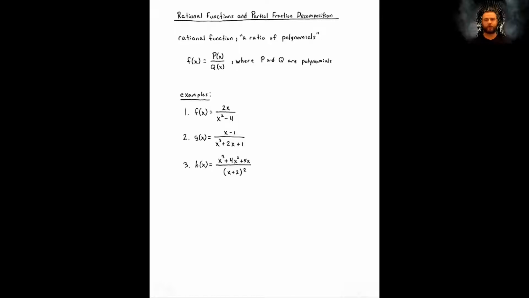It's a ratio of polynomials. The notation we'll stick with for this lecture, fairly standard. A function f of x is a rational function, p of x divided by q of x, if both p and q are polynomials. So make sure you're comfortable with polynomials. We have some examples here of 3 different rational functions.